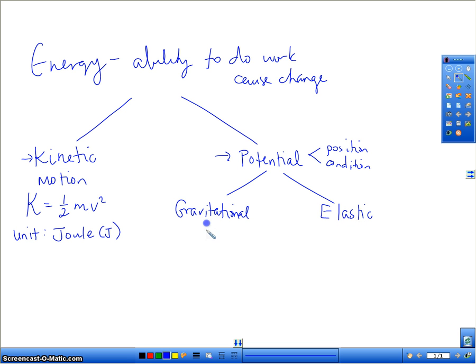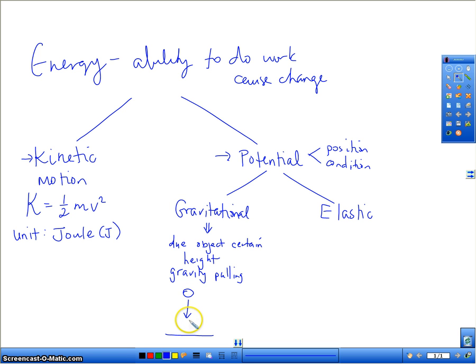Gravitational potential energy is due to an object being a certain height off the ground, with gravity pulling on it. The object at that height has the ability to cause some sort of change, because if you were to drop it, it would fall down and speed up as it fell.